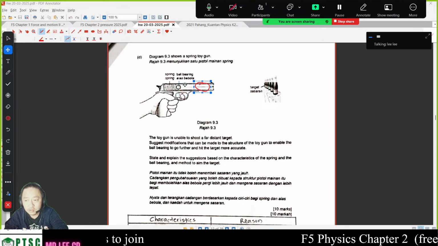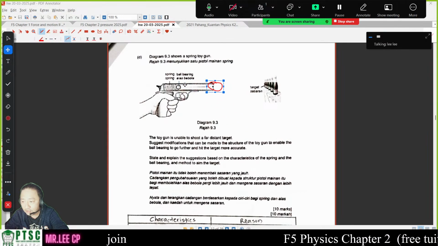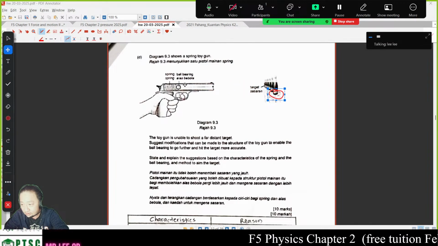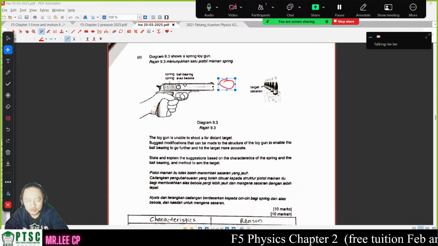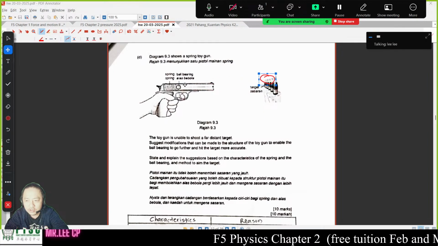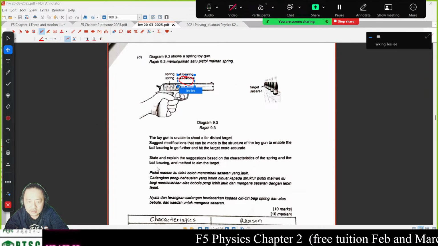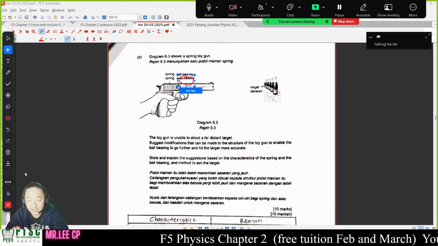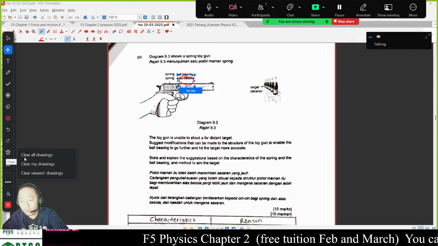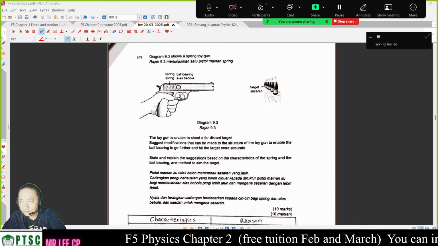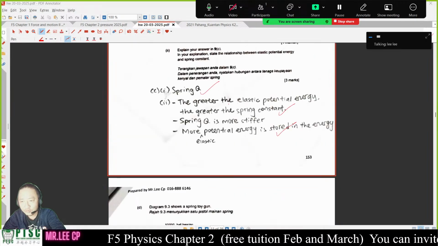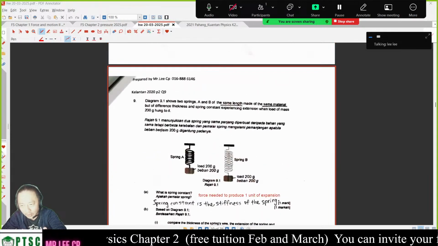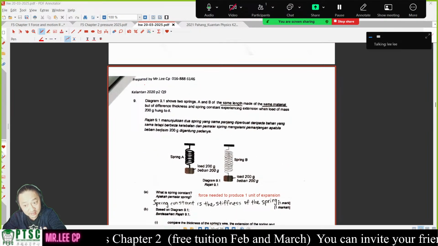Your target is here, right? So you aim straight, but you hit here. You never get the target. So you have to aim higher. The way to aim the target is to aim slightly higher. Why? I straight away give you the answer. Aim slightly higher because there is gravity to pull it down.